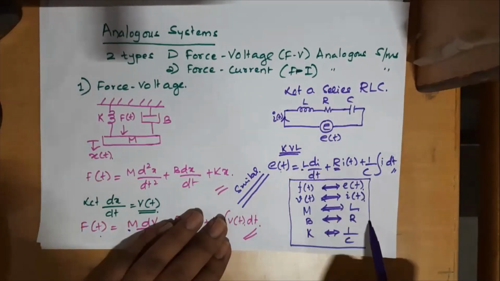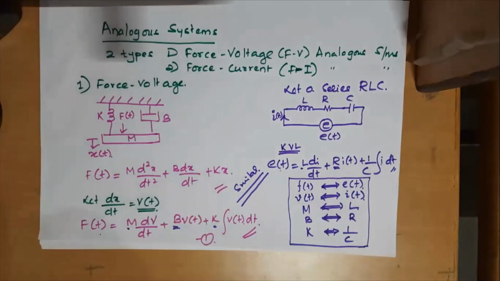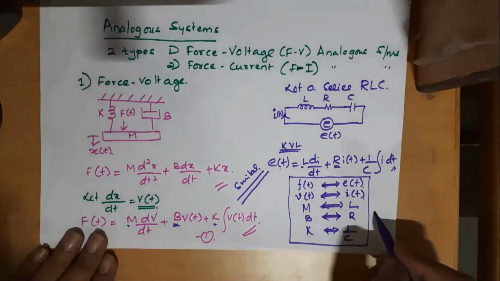The question may be asked like, write a note on FV analogous systems, or find the relation between mechanical and electrical parameters in a force voltage analogous system. It is very simple. Just draw one mass spring damper system and then the RLC circuit, and then mark the variables, then apply KVL for the force voltage case.